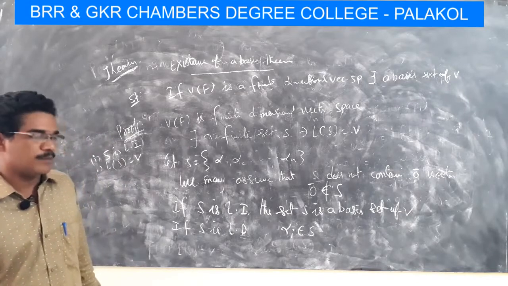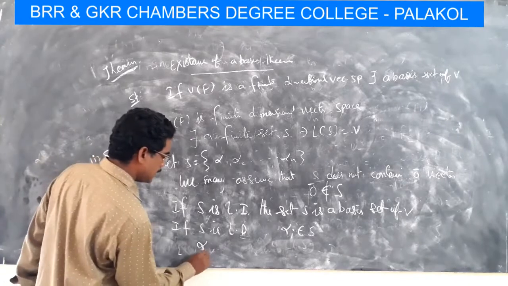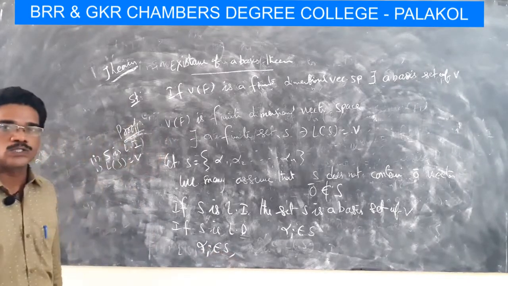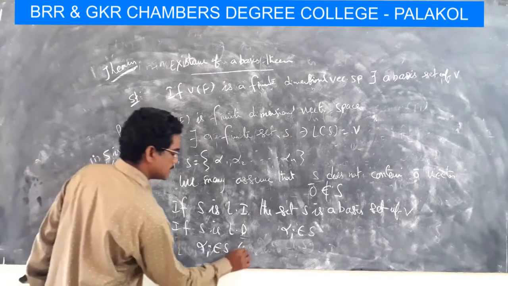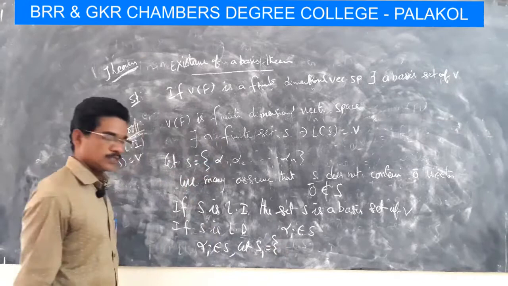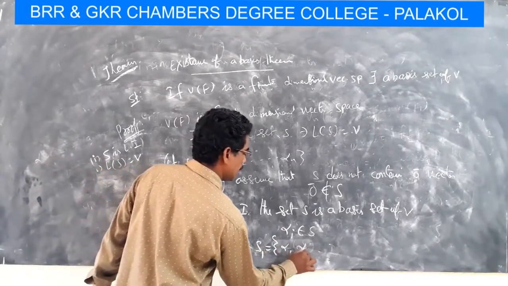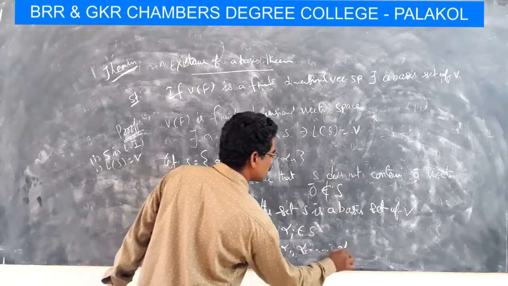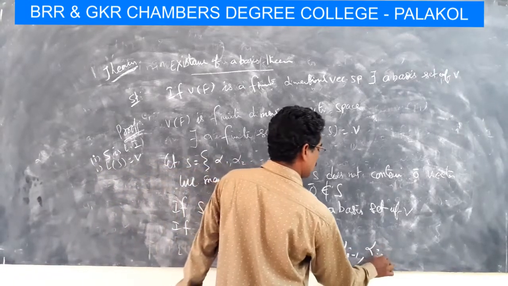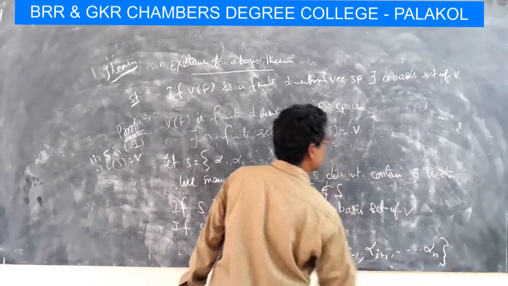Now suppose the set S1 is equal to the set of alpha 1, alpha 2, up to alpha i minus 1, alpha i plus 1, and so on up to alpha n.